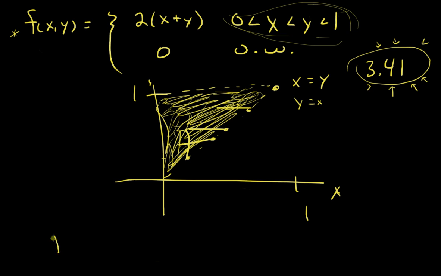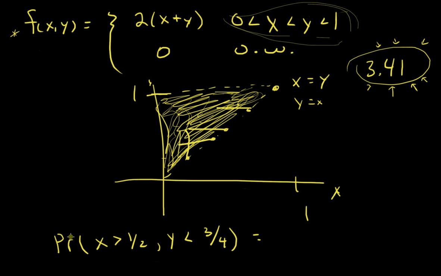All right, so now if someone were to ask us to find the probability, say that x is more than a half. Oh, sorry. Let me make that a joint probability. X is more than a half, and y is less than 3/4.